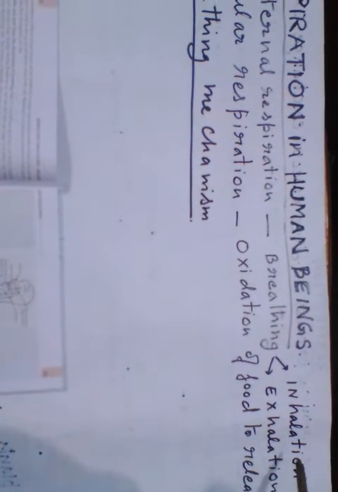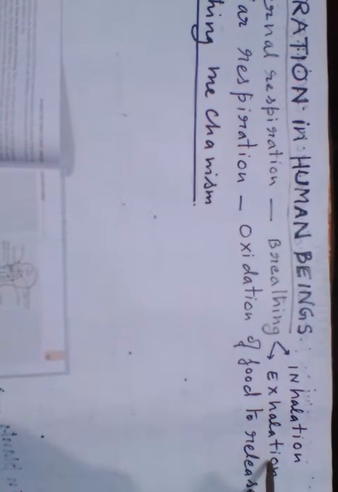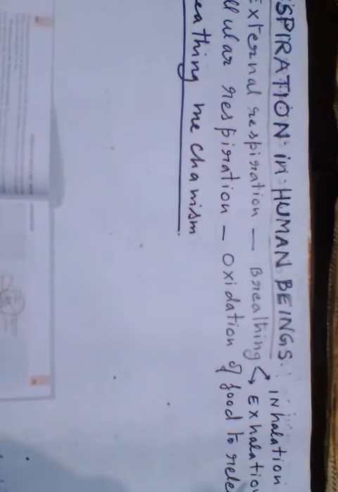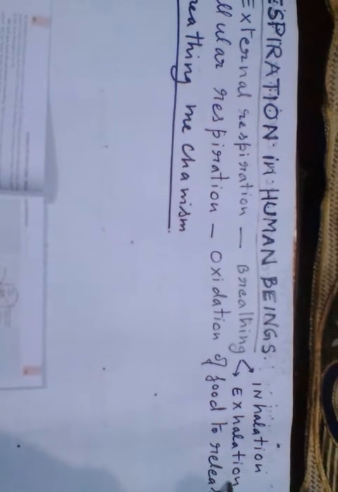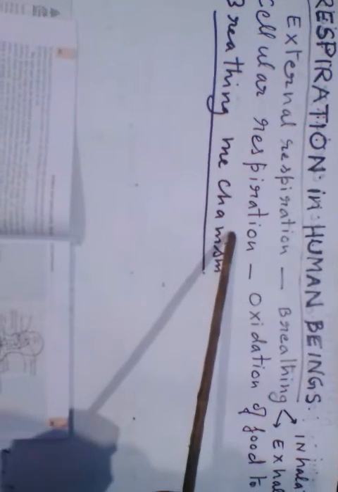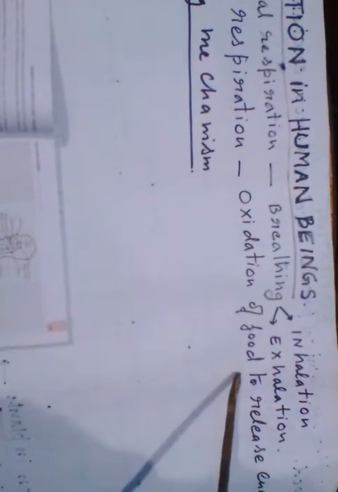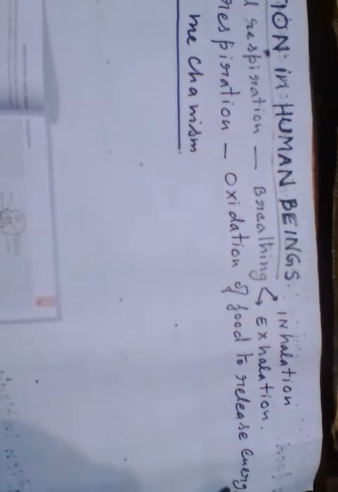Inhalation means we take in oxygen-rich air inside our lungs through the nostrils, and exhalation means giving out carbon dioxide-rich air from the same passage. Whereas the second part is cellular respiration, which takes place inside the cells of the body, where the oxidation of food releases energy for other activities.